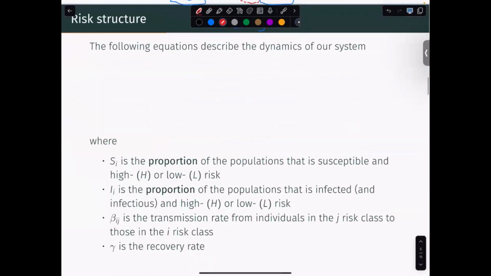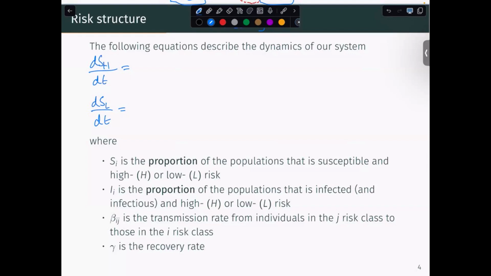Okay, so let's write down some equations. So we've got an SIS model. We're going to have 4 equations because we've got 2 classes now. Let's call these dSH/dt, dSL/dt, and then likewise we're going to have dIL/dt and dIH/dt.